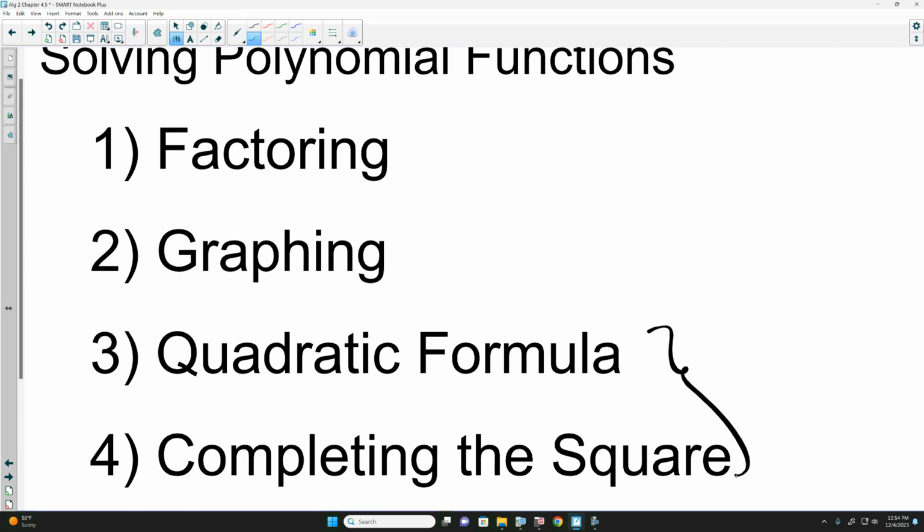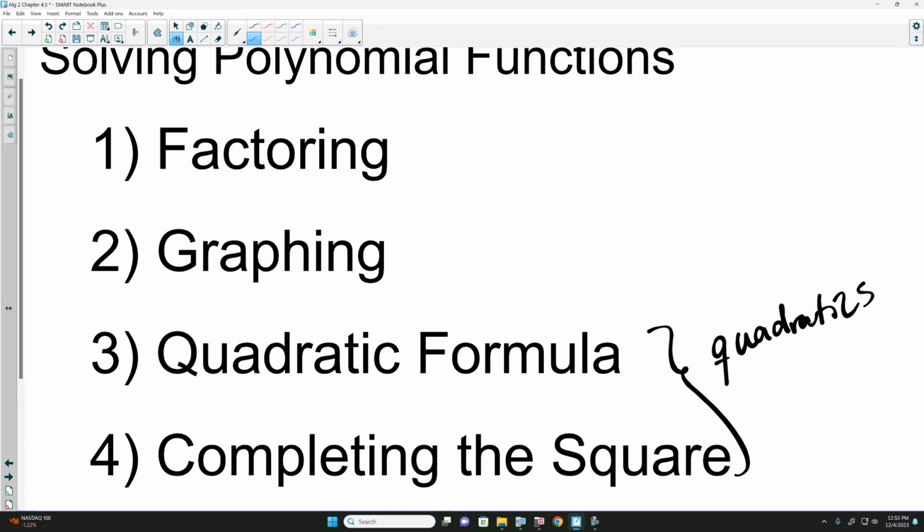But the quadratic formula and completing the square really only work with quadratics. It can work with some 4th degrees, but it gets a little confusing doing those. With most of these methods, we've only done them with quadratics, degree 2 polynomial functions.